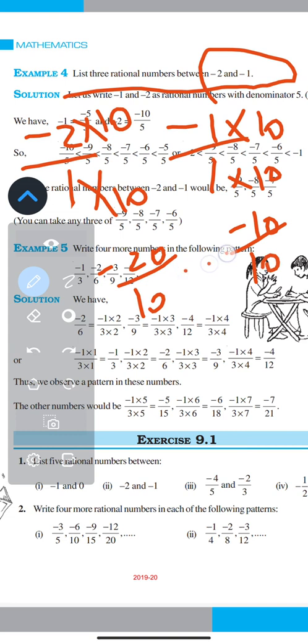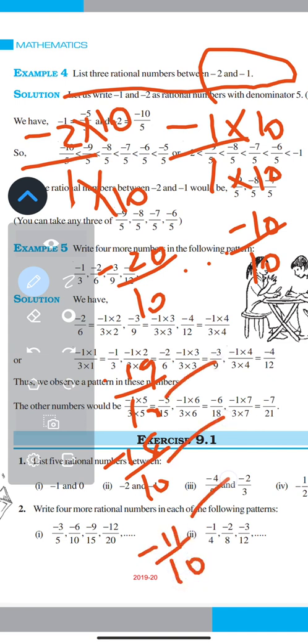Now between them I get minus 19 by 10, minus 18 by 10, minus 17 by 10, till minus 11 by 10. So I get so many rational numbers. Among these I can choose any three: minus 19 by 10, minus 18 by 10, minus 17 by 10.